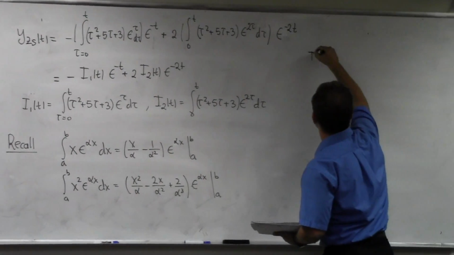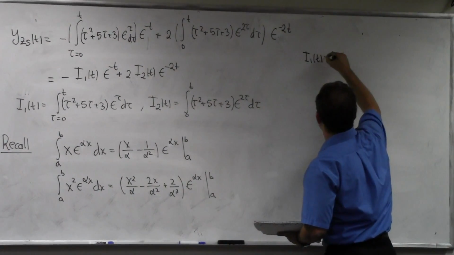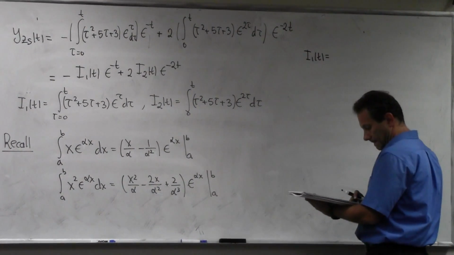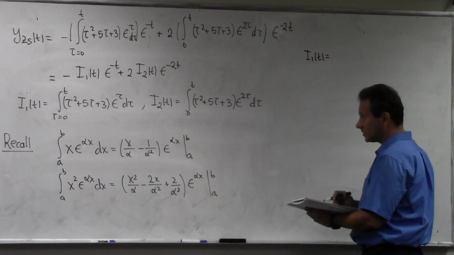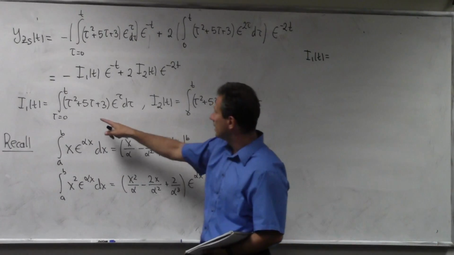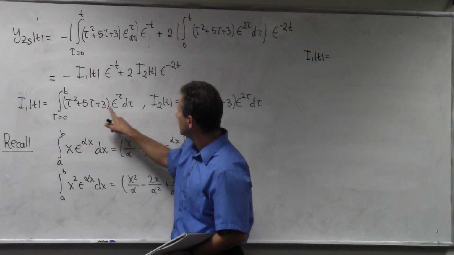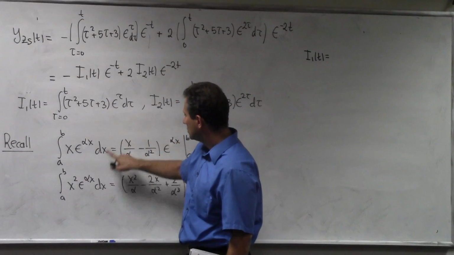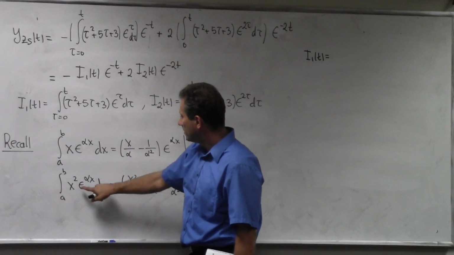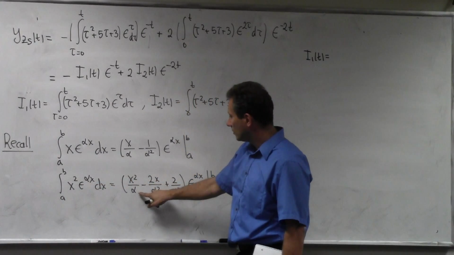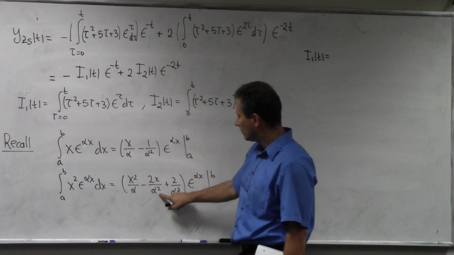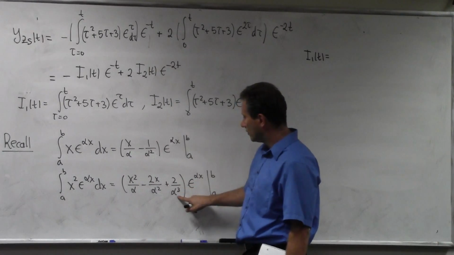So I1 ends up being, let's see, the first one, I have tau squared e to the tau d tau. So it's this guy here, but alpha is equal to 1. So I'm going to have tau squared over 1 minus 2 tau over 1 plus 2 over 1.